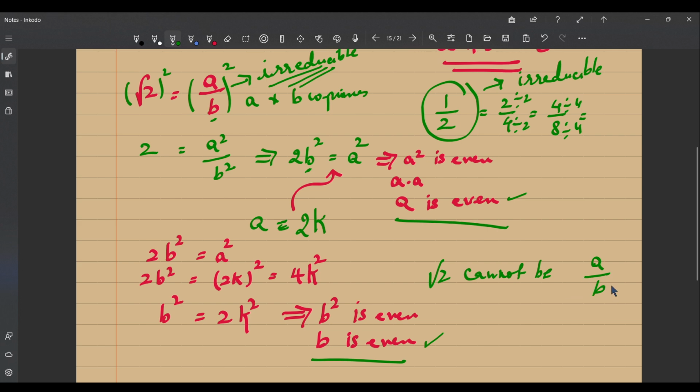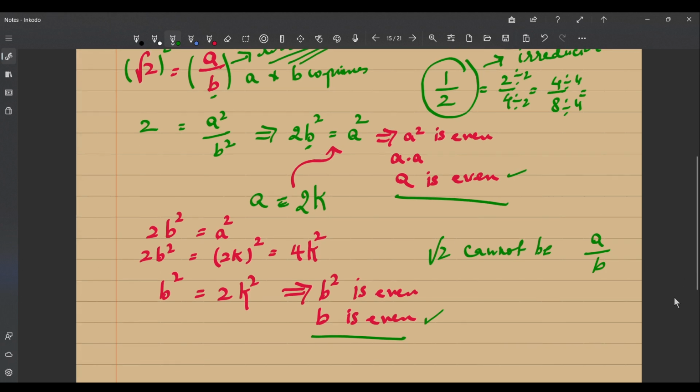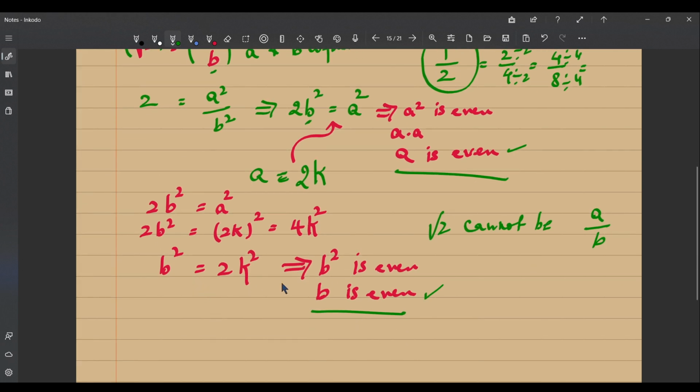So in the same way, actually, we can prove that the square root of non-perfect squares is not rational. 2 is not a perfect square, right? Like suppose square root of 9, it is plus 3 or minus 3. So this is definitely a rational number. Whereas what is the square root of 7? It is a non-perfect square.